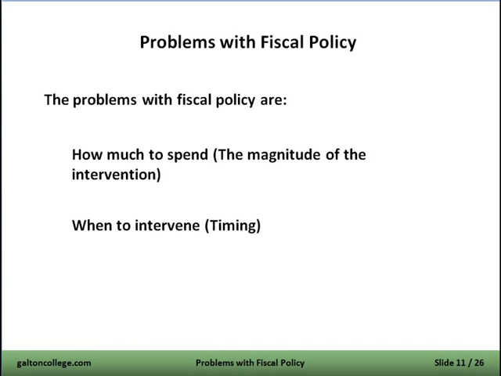What's the right timing? Now, you have to remember here that governments only have the same information as really the rest of us, and governments are just individuals. They're just people who are elected into that position. So they don't know everything, and they can get it wrong. The same as you and I and anybody else could get it wrong. So there is a problem here.